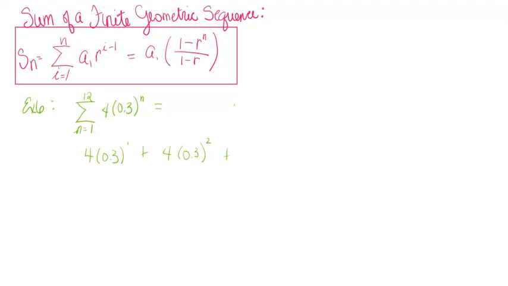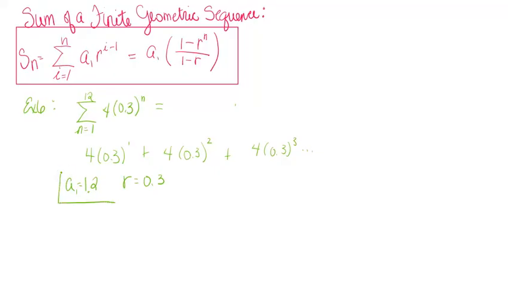Our third term would be 4 times 0.3 raised to the third power, and so forth. We know by doing this, and we should know it anyway, that our common ratio is equal to 0.3. So I can write that down. My r is 0.3, but my first term is 4 times 0.3 raised to the first power, or 1.2. That would be my first term. a sub 1 equals 1.2.